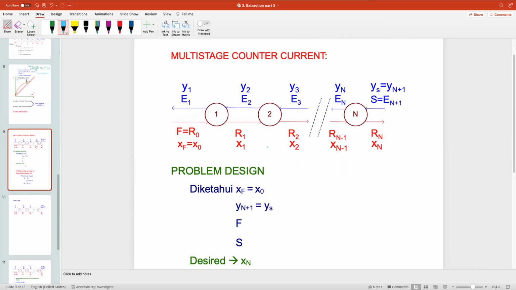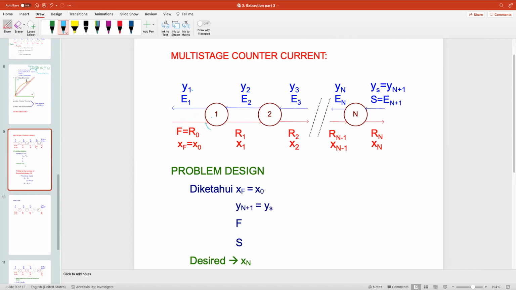I'll just try to explain how to put the multi-stage countercurrent from the triangle diagram to the XY diagram. Okay, now here is the schematic of multi-stage countercurrent extraction.